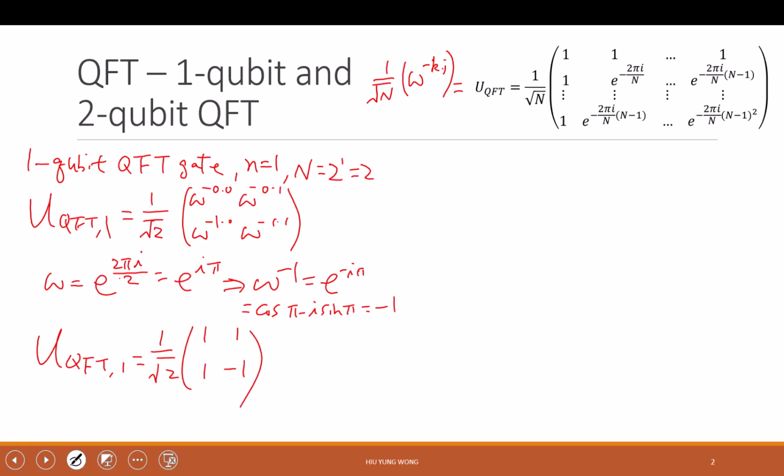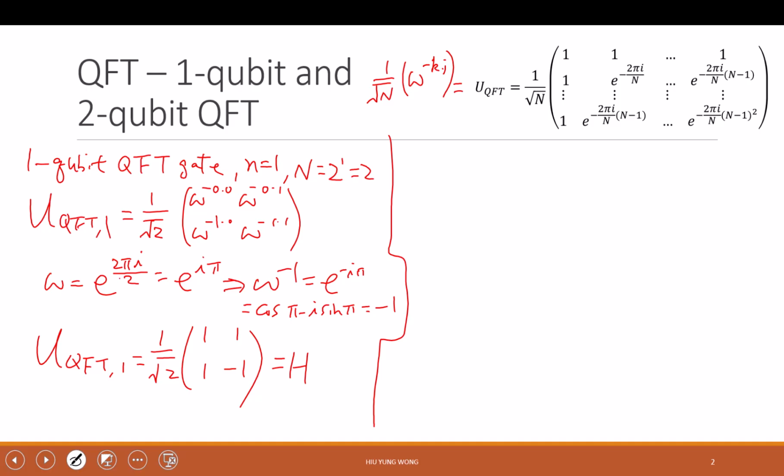And then negative 1. That is the 1-qubit quantum Fourier transform. Have you seen this before? Yeah, it turns out that this is a Hadamard gate. Then you might guess the 2-qubit gate must be 2 1-qubit Hadamard gates, but it is not, otherwise it wouldn't be interesting.